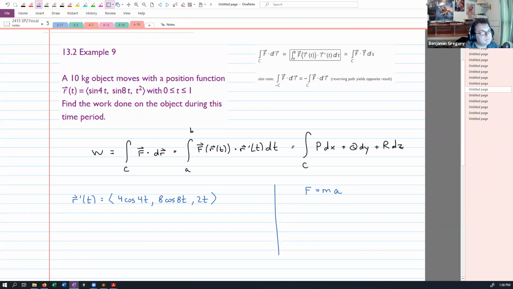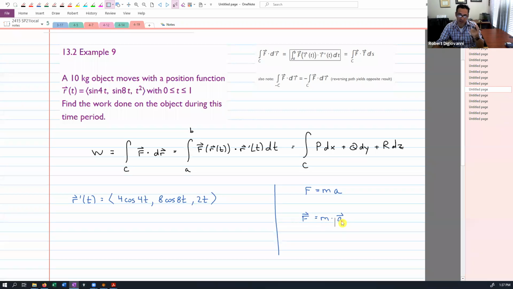So for us, this force is going to be our field. Our field should be the mass times the acceleration, but we have to look at our acceleration as a vector, because the force field is a vector function. If mass is a constant, then the acceleration has to be a vector function.